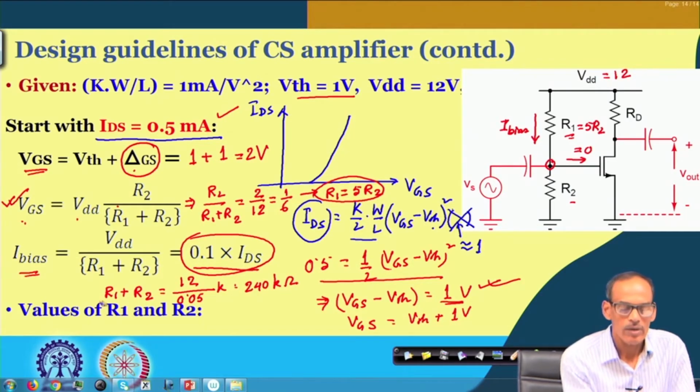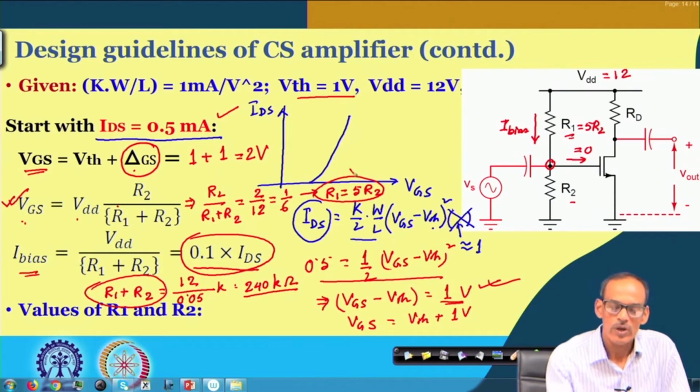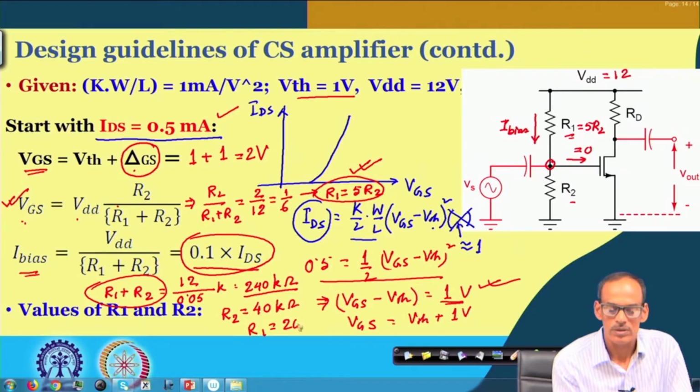So, now I have R1 plus R2 equals 240 kilo ohm, and also R1 equals 5 times R2, which means that R2 equals 40 kilo ohm, and then R1 equals 200 kilo ohm.